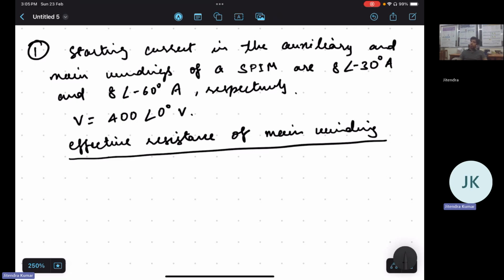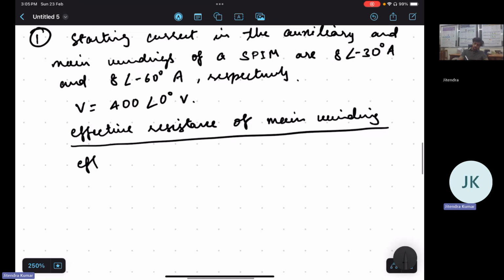We need to find the ratio of effective resistance of main winding to effective resistance of auxiliary winding. Can you find it? Let us see.